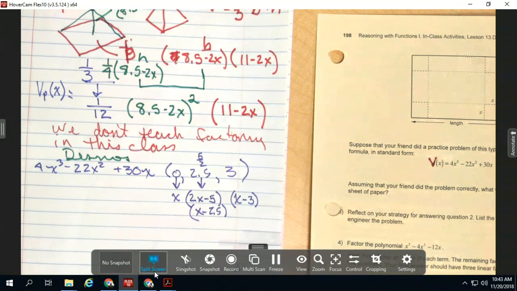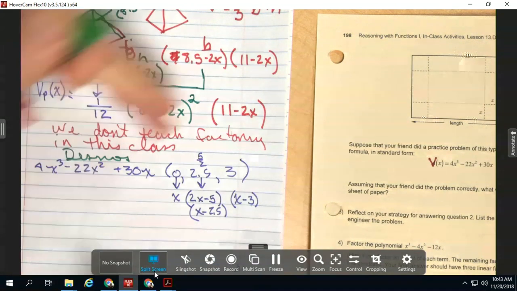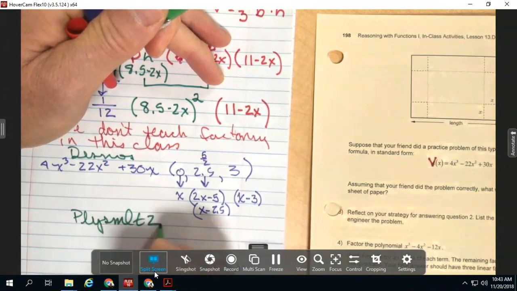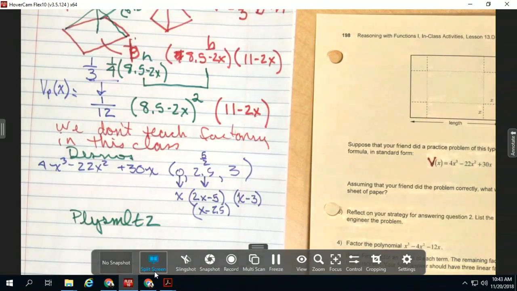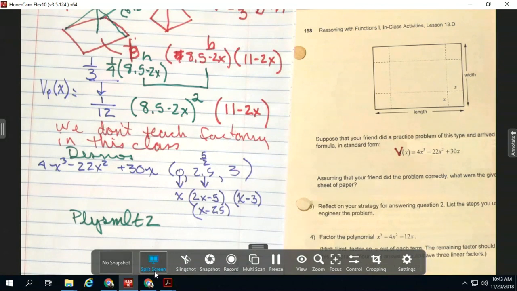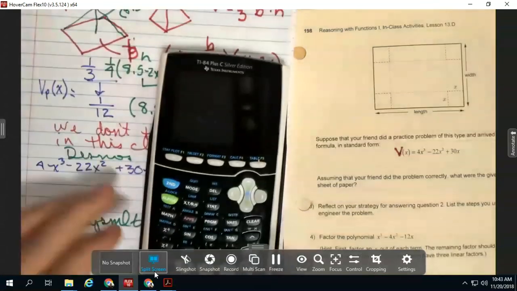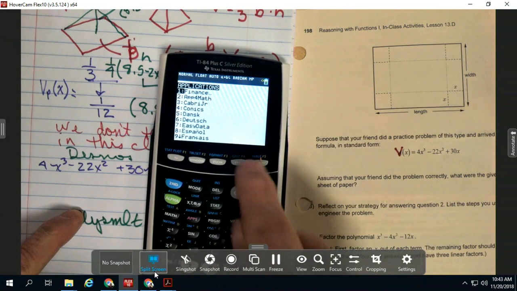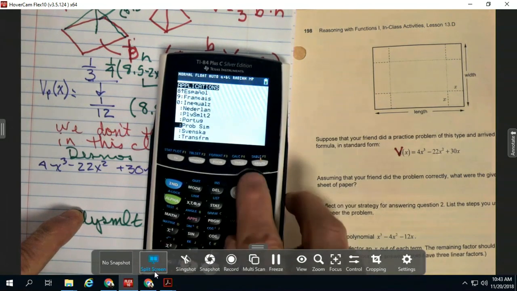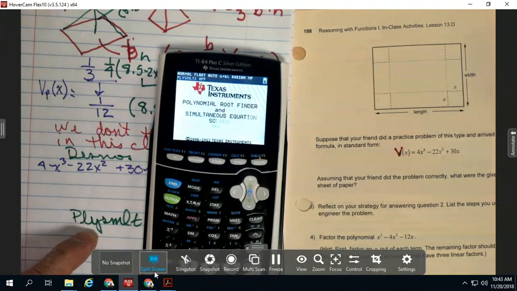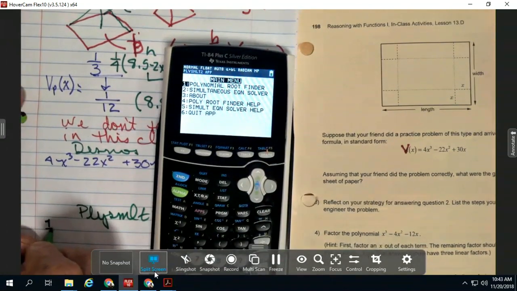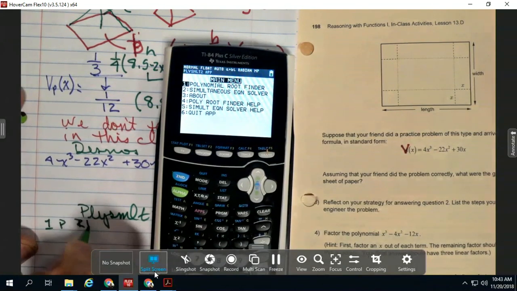Now you could have written this as x minus 2.5, but they like to have whole number factors. Or you could use Polysimal 2. Let's take out our graphing calculators. Polysimal 2. Step 1, it's a polynomial root finder.